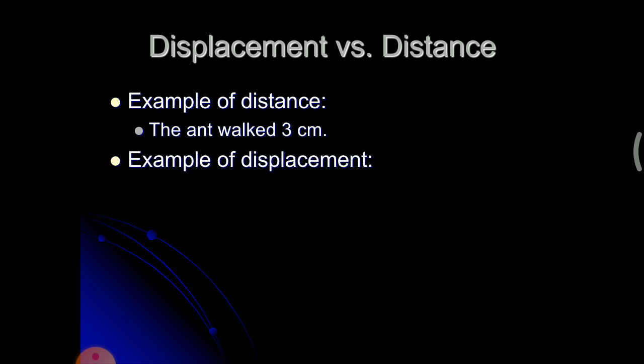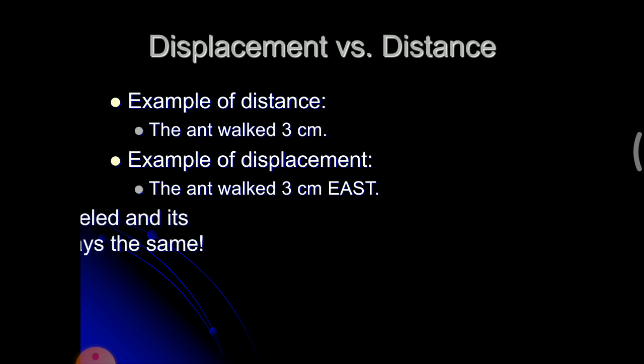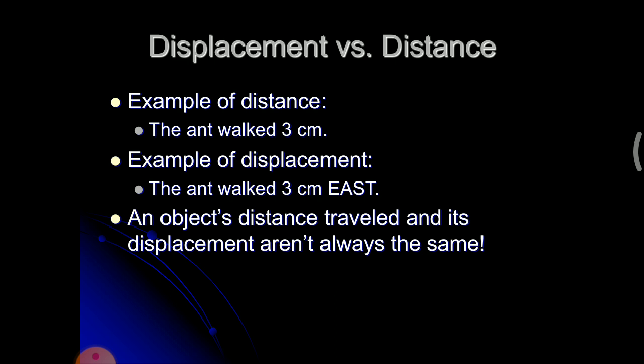Example of displacement: the ant walked 3 centimeters east. So in a displacement, I mention the direction along with the magnitude. In distance, I represent only the magnitude value. An object's distance traveled and its displacement are not always the same. The distance is not equal to displacement in all cases.